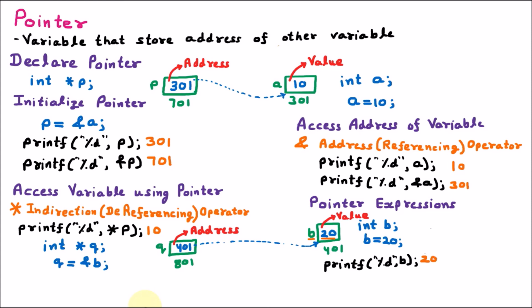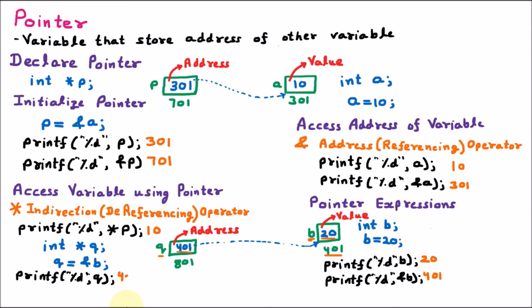Let us suppose that we are writing printf, then %d, then comma, then we are writing the address of b. Here we know that the address of b, which is 401, will be displayed. Similarly, if we are writing printf %d q, then here q is a pointer which has the address 401.